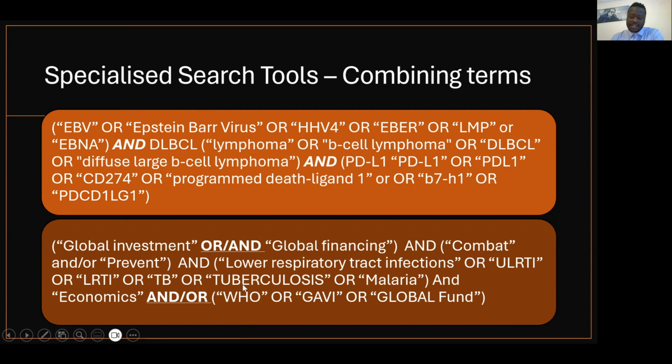Another example of how this can be done, which is another review I was a part of, is you can use the Boolean operators not just between concepts and keywords, you can use them within concepts and keywords. So in this case, by using global investments OR global financing, it means we're happy to accept papers which are using the word global financing rather than the term global investment, but we're equally happy to accept both terms as part of the title.